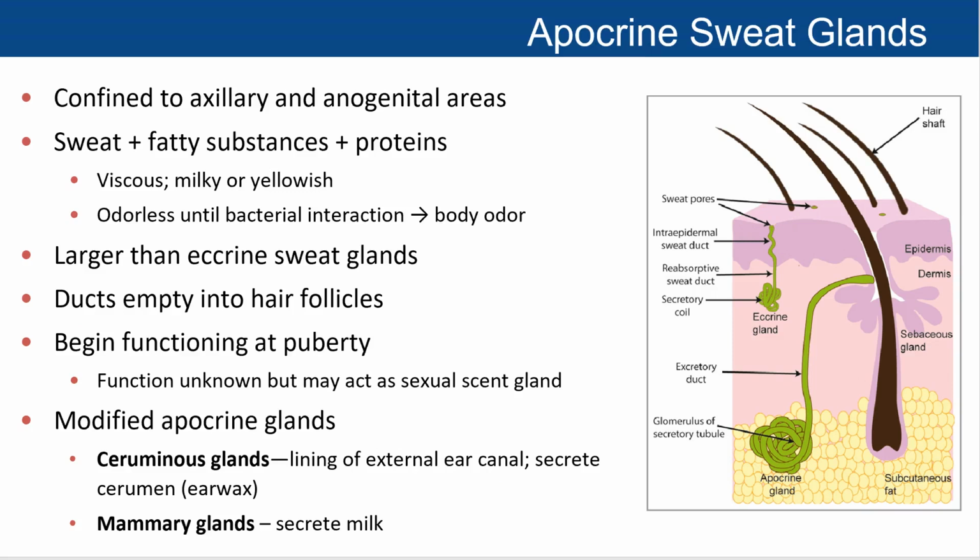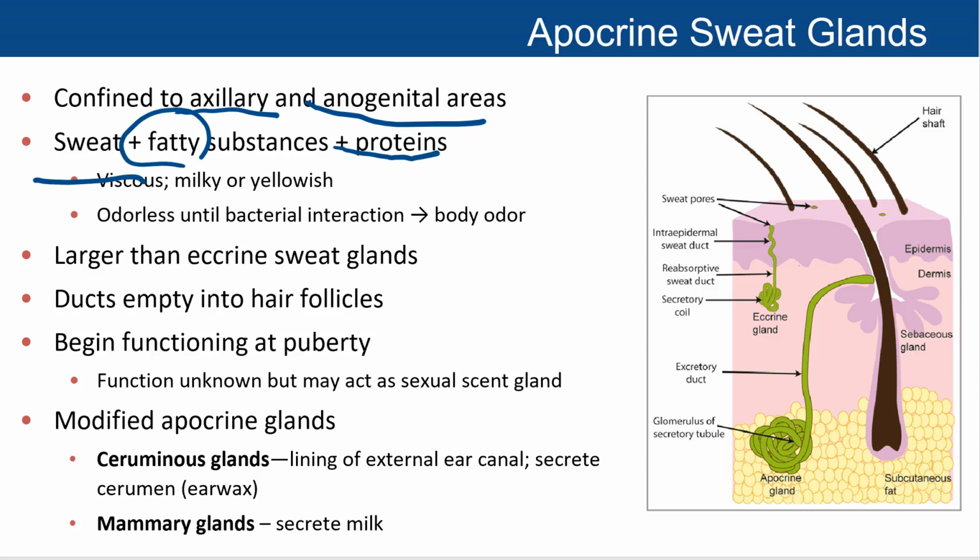The other type of sweat glands are apocrine sweat glands. They are typically larger than eccrine glands, found mostly in areas abundant with hair follicles, such as the axillary and anogenital areas. They produce fatty sweat, which also contains a little bit of protein.